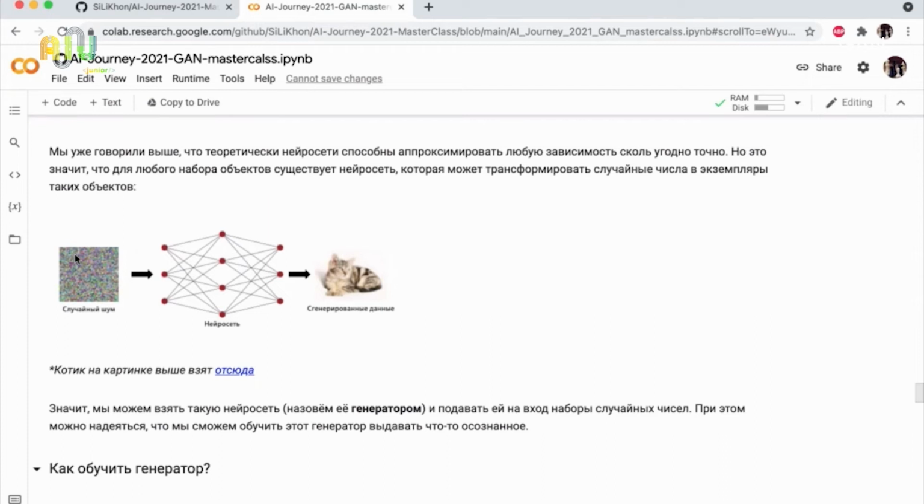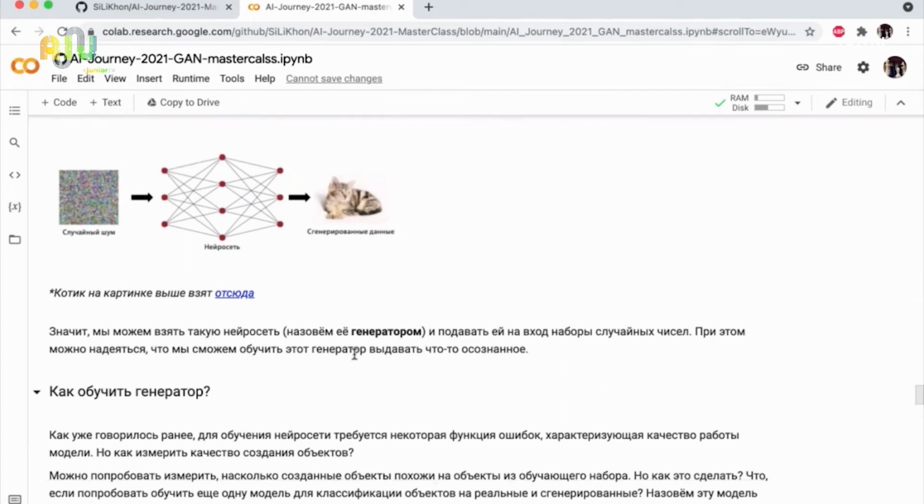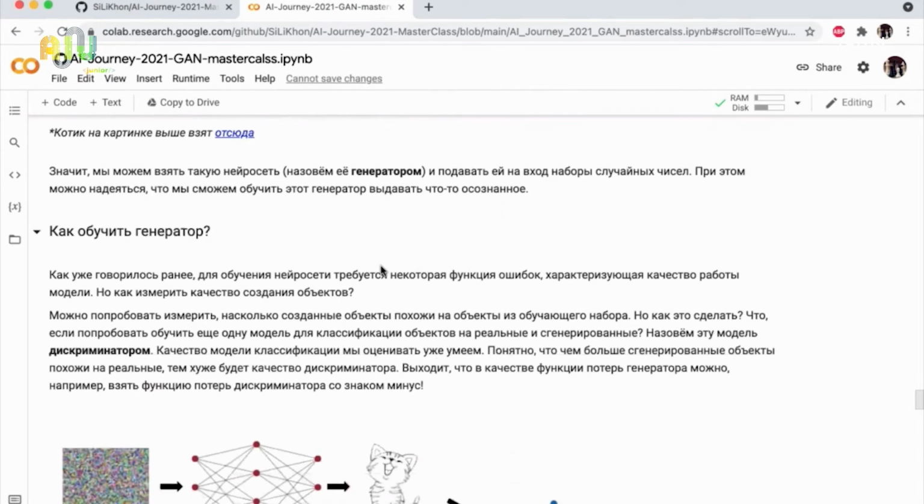It will take noise in the input and generate an image in the output. And it's not clear how to get it in practice, how to train the neural network so that we can get it in the end.